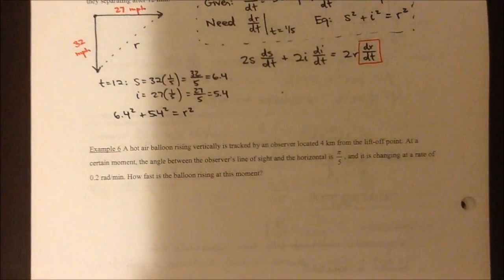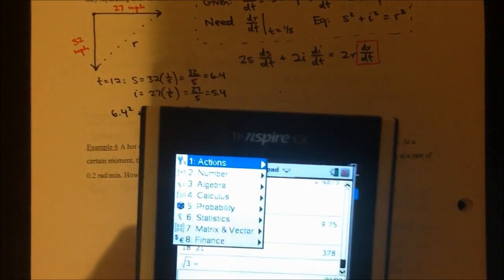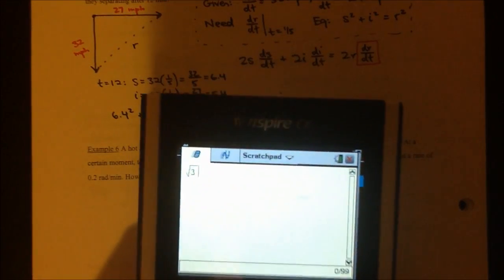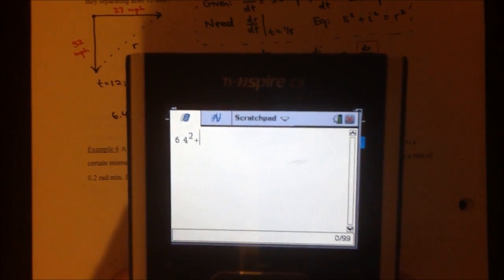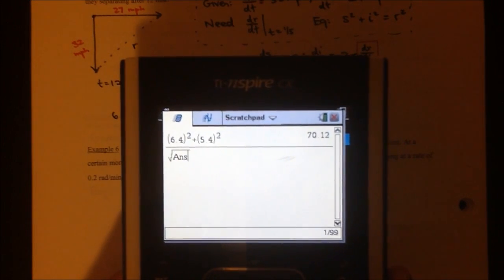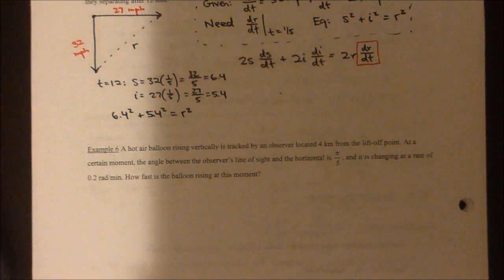At that particular moment, I did find my calculator. Okay, so 6.4 squared plus 5.4 squared equals r squared. So we take the square root of that. We get about 8.374.